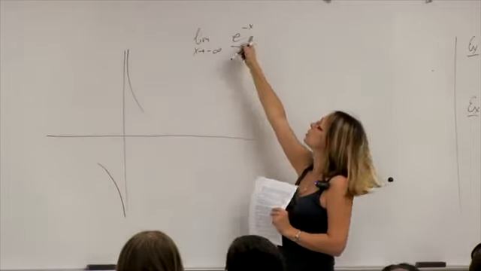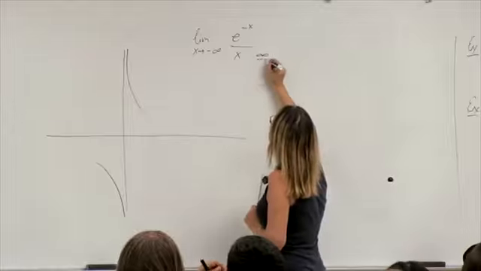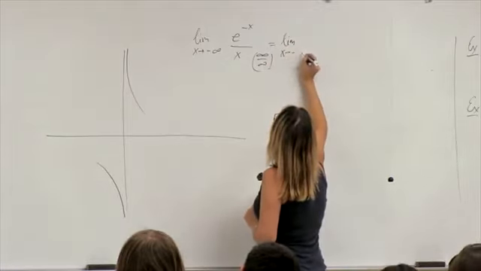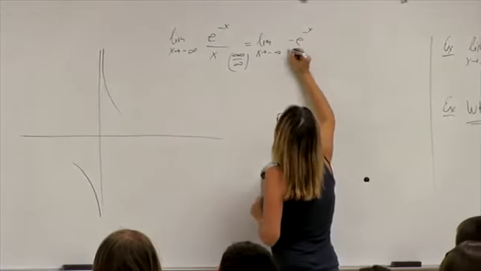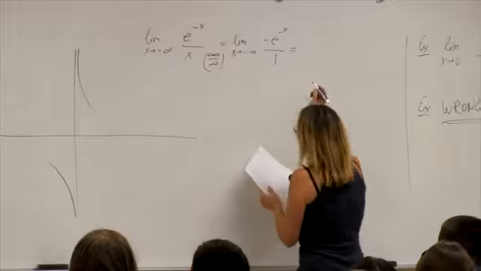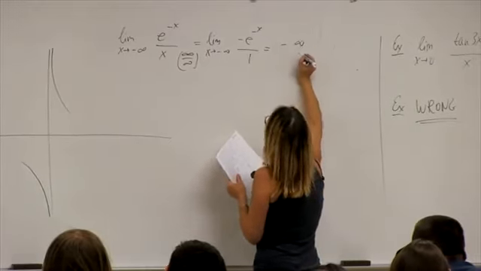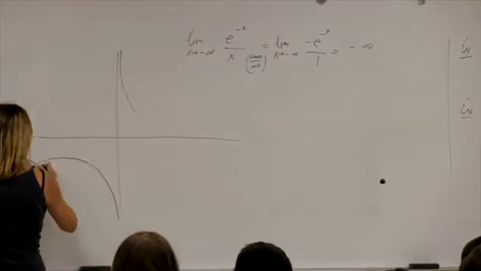So e to the minus x goes to infinity, and this goes to minus infinity. So it's an infinity over infinity type thing. So we need to take the derivative. Okay, and now it's clear that the answer is minus infinity. So somehow this guy does this.